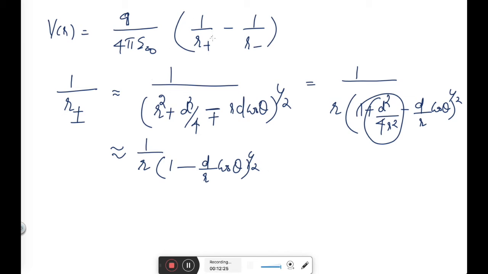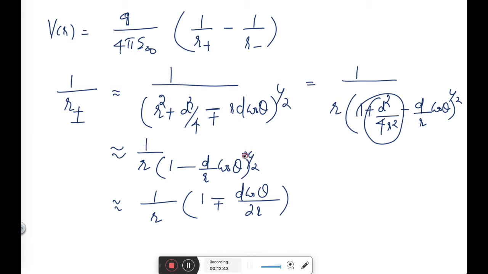Okay. So substituting it here, this is again approximated as 1 by r into 1 minus or plus d cos theta by 2r.